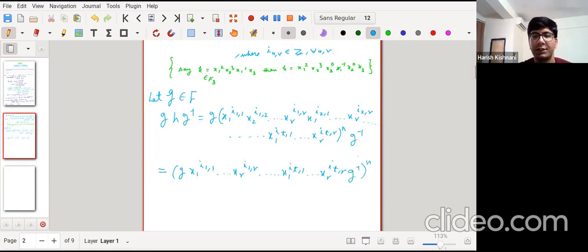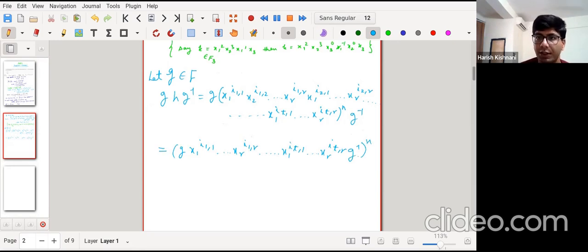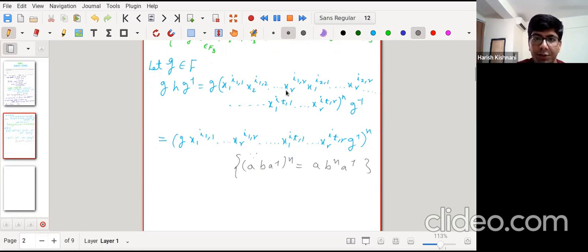So I can take this g and g inverse inside the bracket. And why is this happening? Because a b a inverse raised to n is the same as a b^n a inverse. It's very trivial, because when you take the nth power, this a inverse will cancel the next a again and again. Only the first a and the last a inverse remain. So I am just using that and taking this g and g inverse inside.